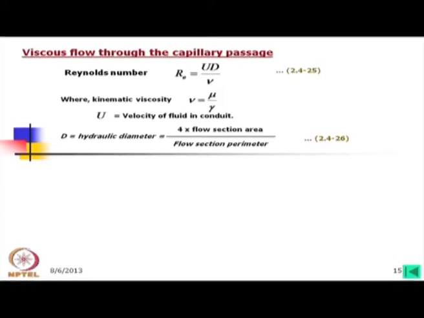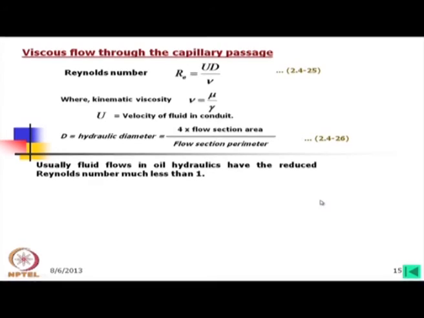Then we have 4 into pi r square divided by 2 pi r. So this becomes 2 r, that is equal to d. So this is the hydraulic diameter.